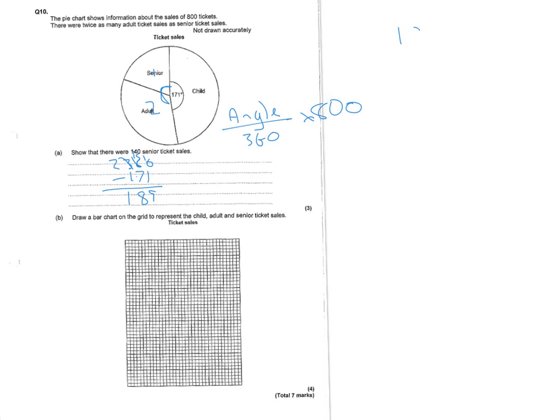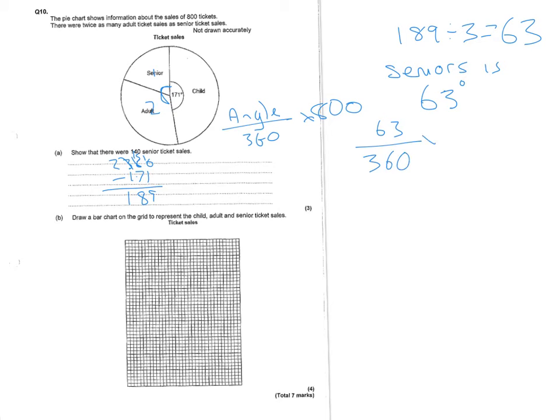So I'm going to work out 189 divided by 3, which is 63. So seniors is 63 degrees. So 63 out of 360 times 800 equals 140. Okay, so that means there's 140 senior tickets.